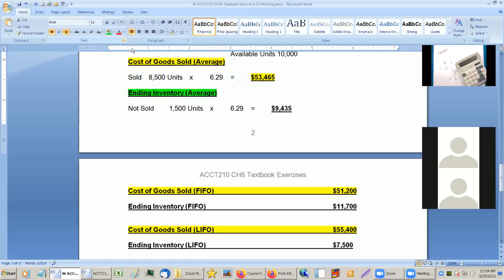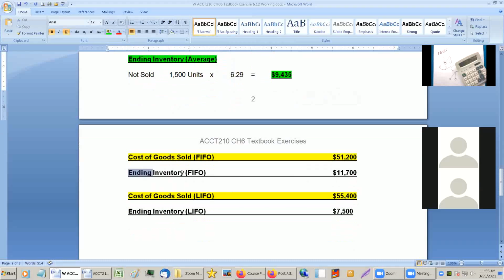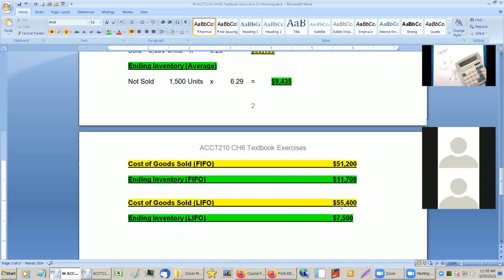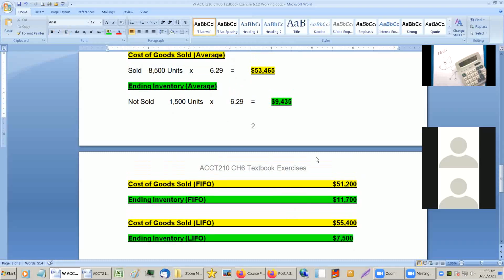And same thing here for the ending inventories. $11,000 for FIFO, 7,000-ish for LIFO, and then average cost kind of right in the middle of those two, which is what you kind of expect.